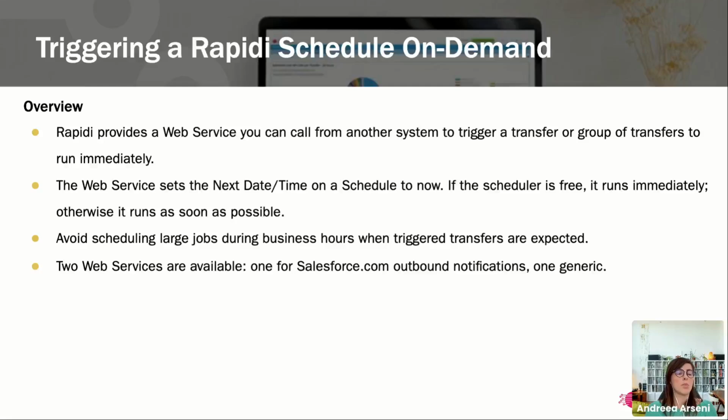I have seen both. I guess the most common one is the Salesforce outbound message, but I've also seen companies with a specific setup in their ERP which allows them to trigger the Rapidi schedules. So you do have options, and you would be able to start any schedule at any point in time.